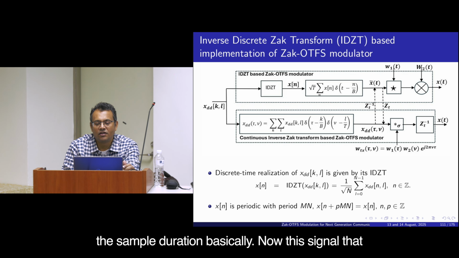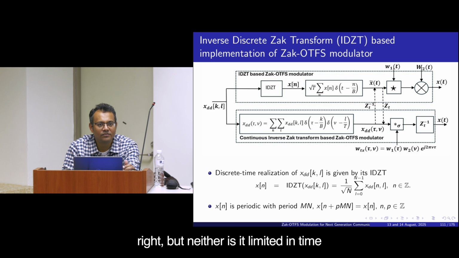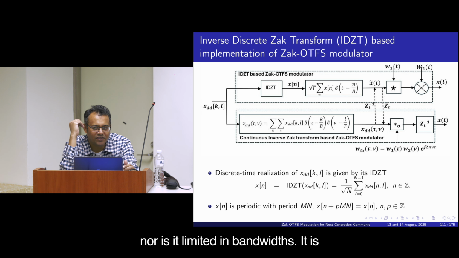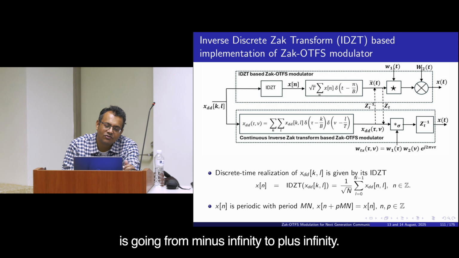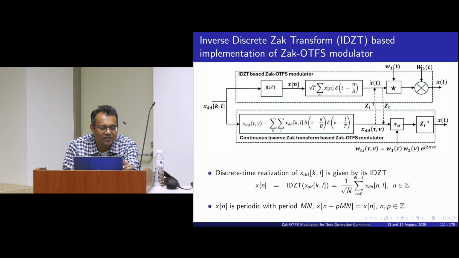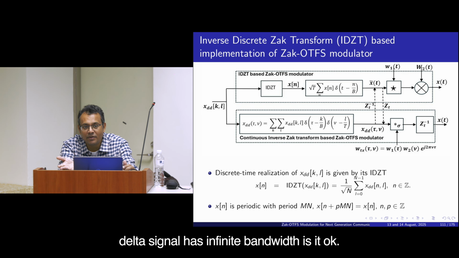Now this signal that you got is going to be continuous time, but neither is it limited in time, nor is it limited in bandwidth. It's not limited in time because small n is going from minus infinity to plus infinity. It is not limited in bandwidth because the delta signal has infinite bandwidth.